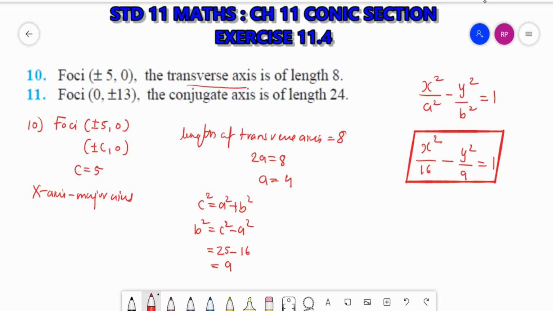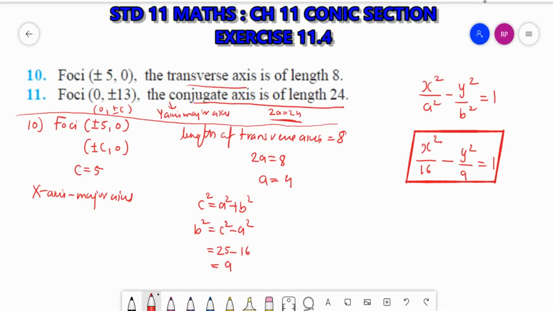But see, in 11th you have to compare it with 0, plus minus c. Okay, clear? The major axis will be y axis. And here given the conjugate axis of length 24, that means 2a, again it will be 2a equal to 24, because y axis is major axis.